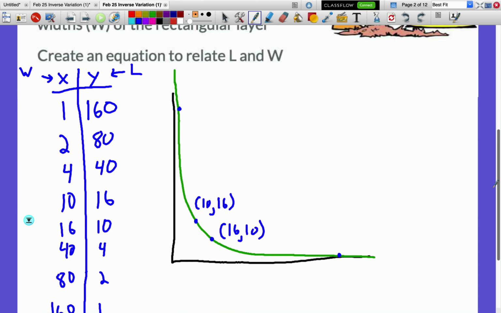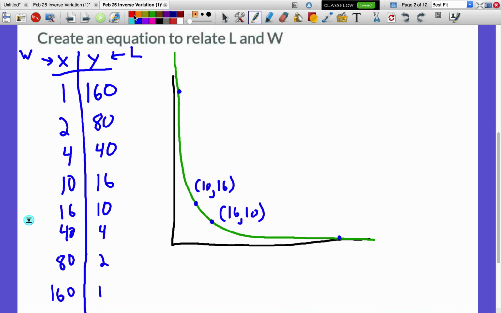Create an equation to relate L and W. So length times width must be equal to 160. Let's figure out what is the XY equivalent of this graph. I said length was Y, width was X. And when we're graphing, we normally have Y by itself, so I'm going to divide X from both sides here.